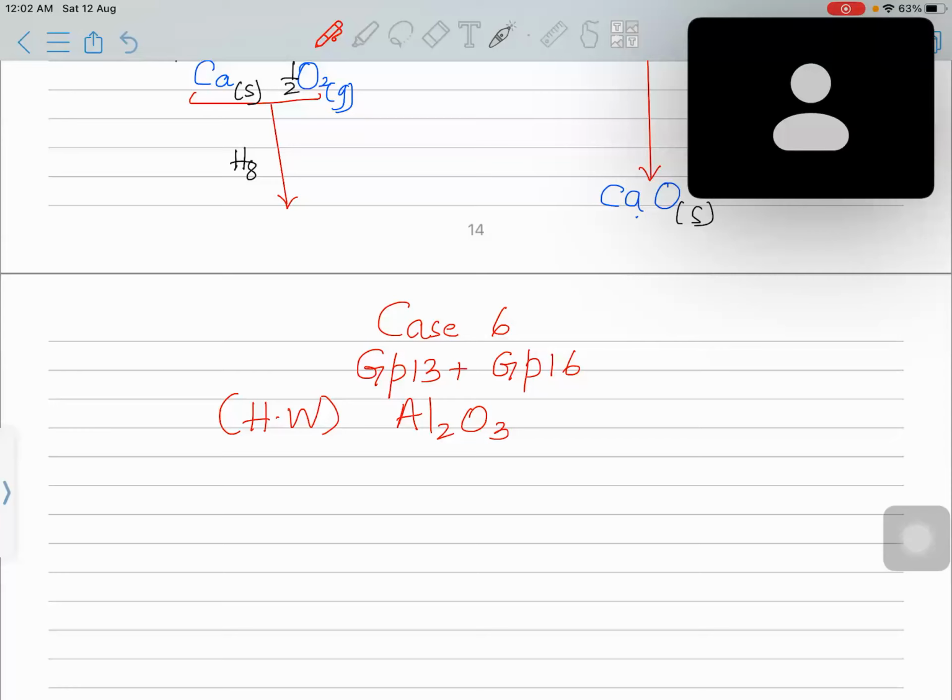That's why we must supply energy to overcome this repulsion. So second electron affinity is always positive, same for third and fourth electron affinity.